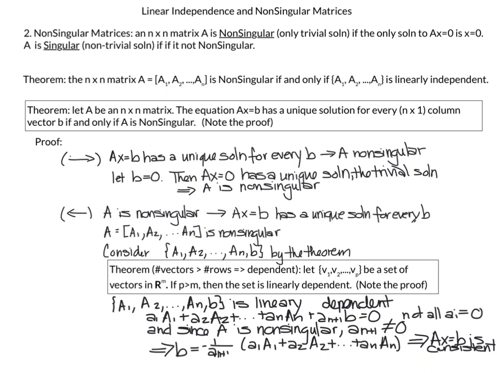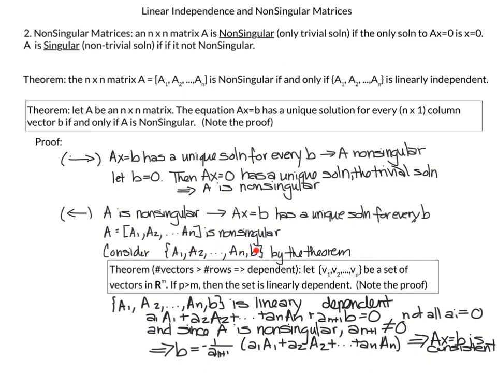For the other direction, we are going to prove that if A is non-singular, then Ax equals b has a unique solution for every vector b. So we're going to consider the column vectors of A, which is non-singular, along with the vector b. So the number of vectors here is n plus 1, right?